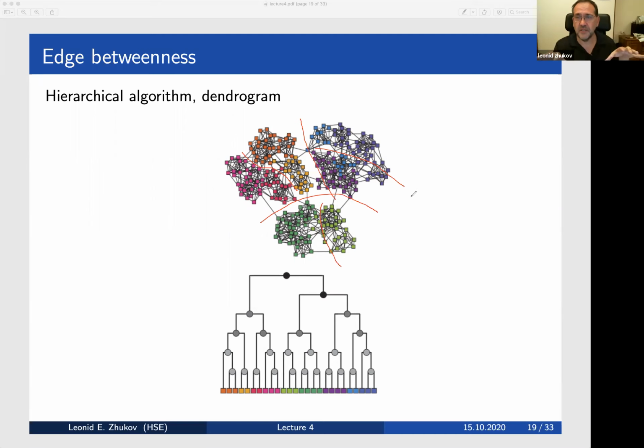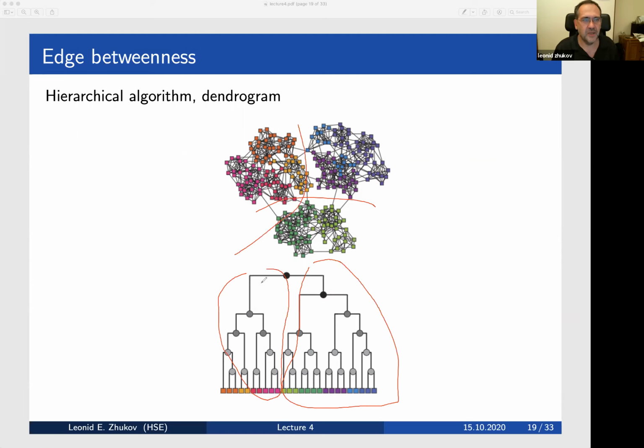You get the first split of the graph into two groups. Then this group splits into orange, red, and green, blue.